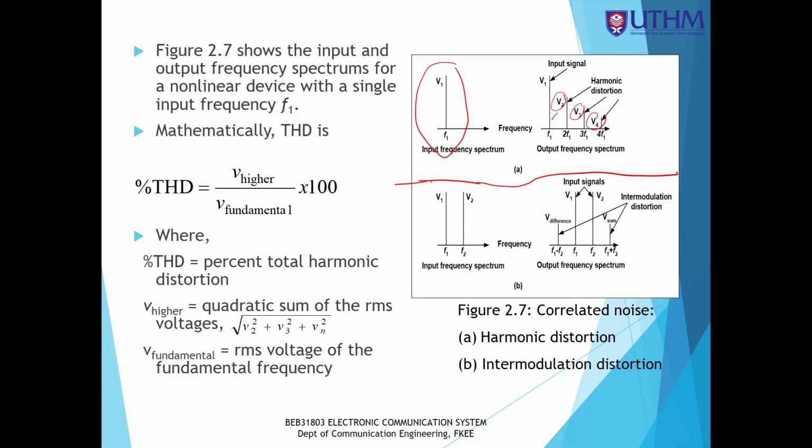Okay, so the second order, if you want to calculate the second order HD, it is equal to V2 divided with V1. This is the second order. Third order, third HD, is equal to V3 divided with V1.